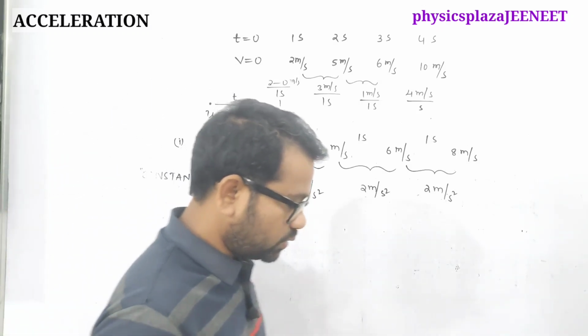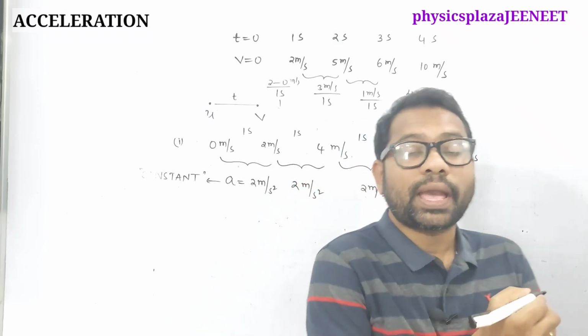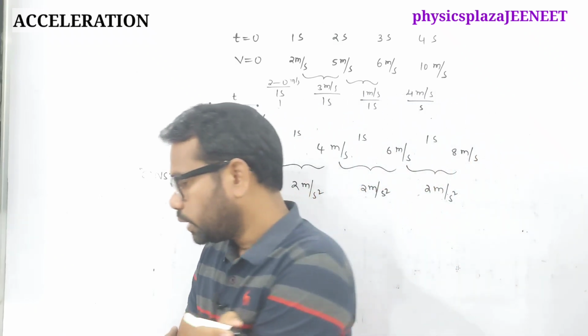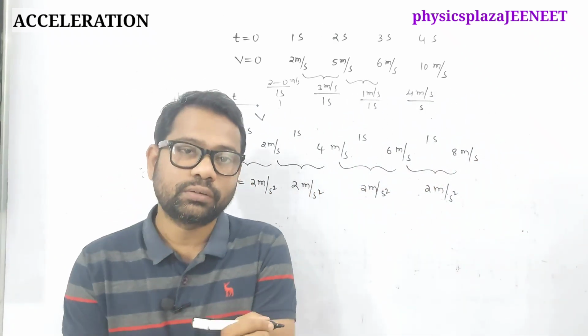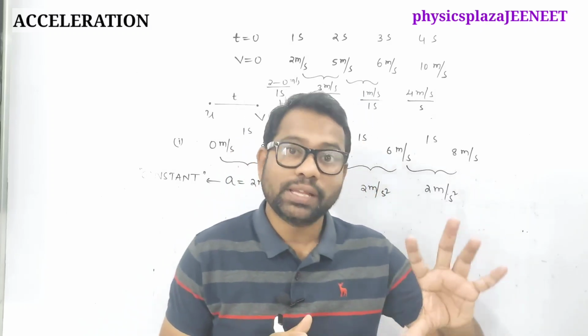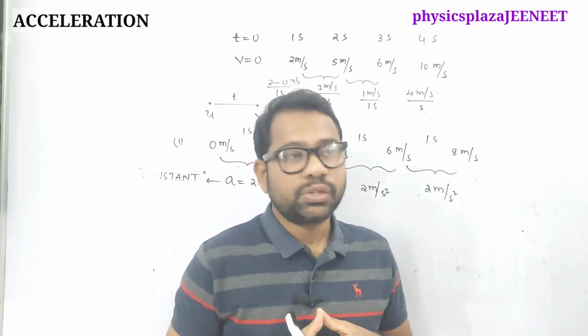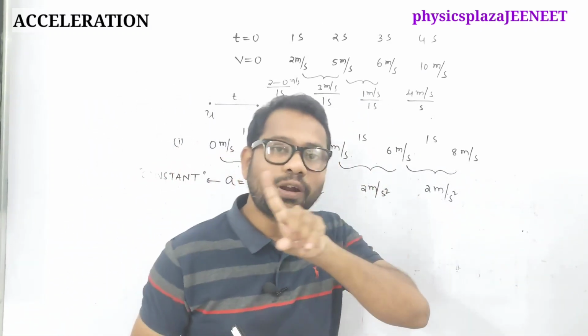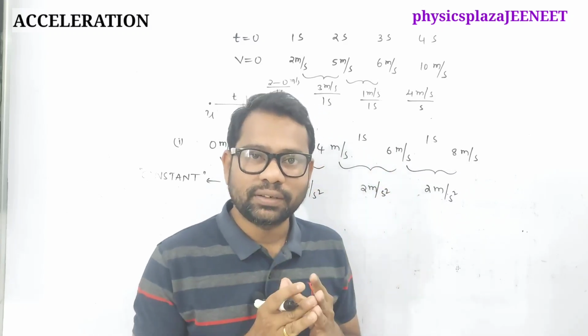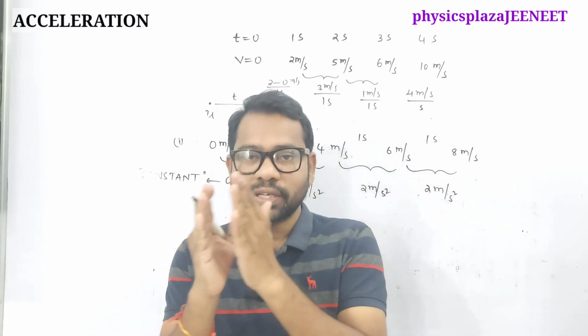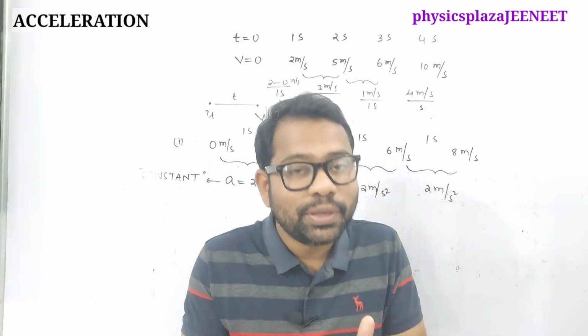Such a motion we can call uniformly accelerated motion. So what is uniform acceleration? When can you say that the body has a uniform acceleration? When the change in velocity remains constant.